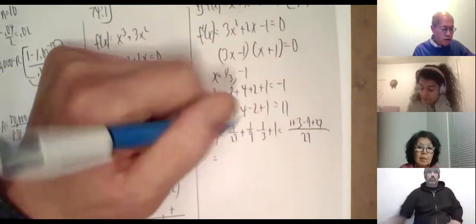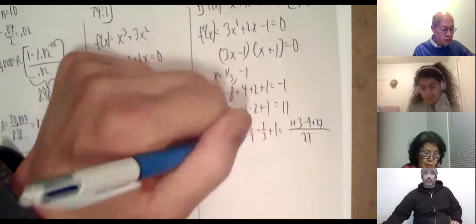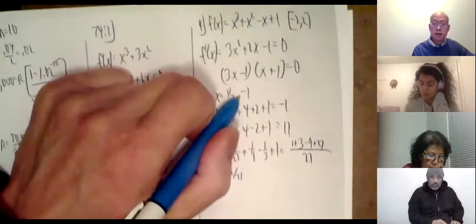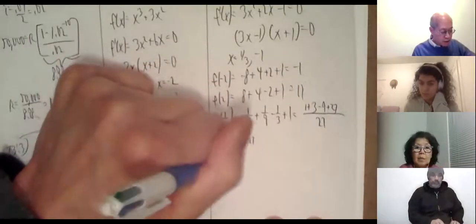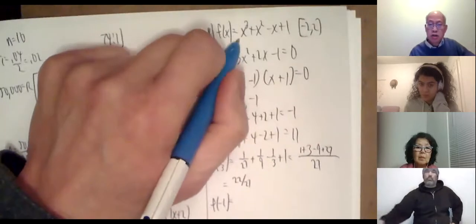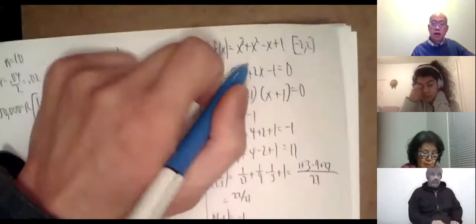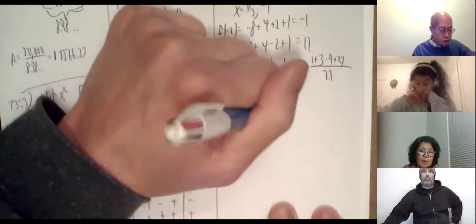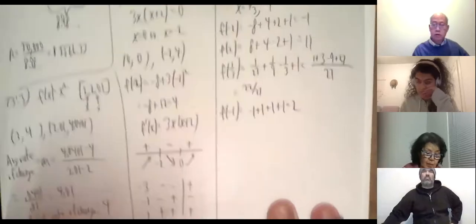That came out to be 22/27, I think. Then the last number I have to plug in is -1. f of -1. -1 cubed is -1. -1 squared is 1. Minus a -1 is +1, plus 1, so 2.